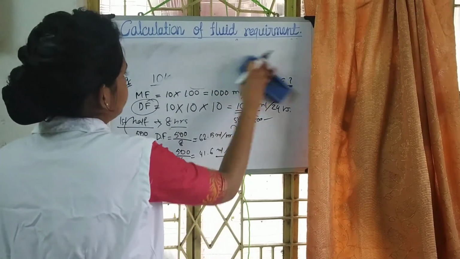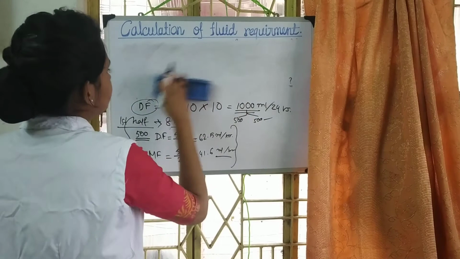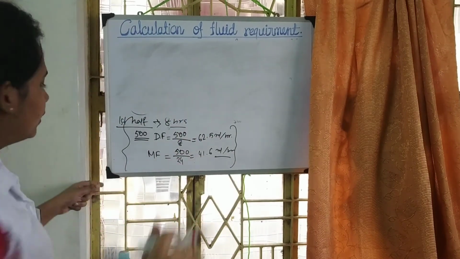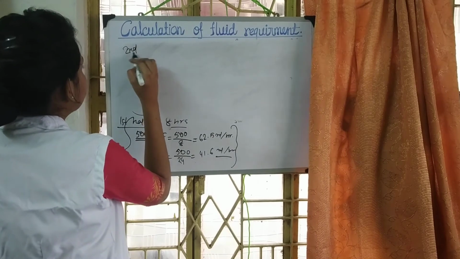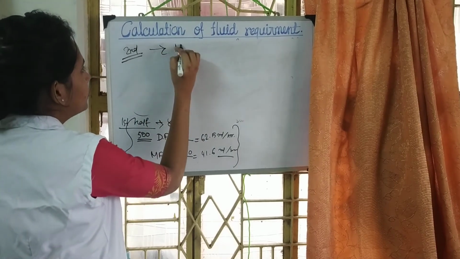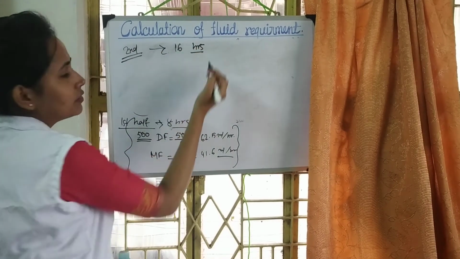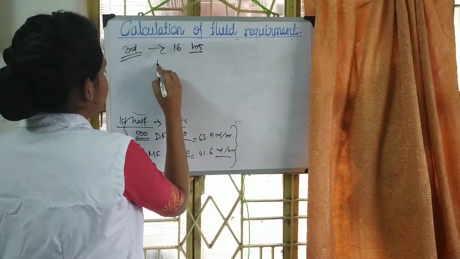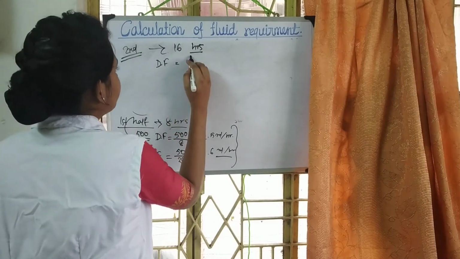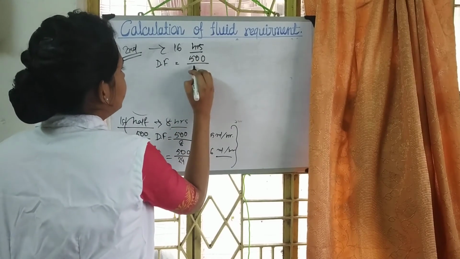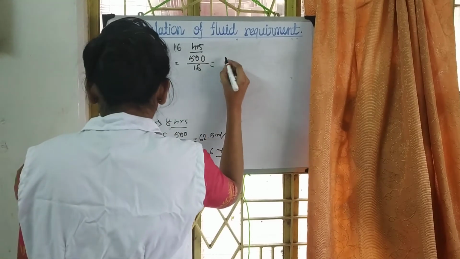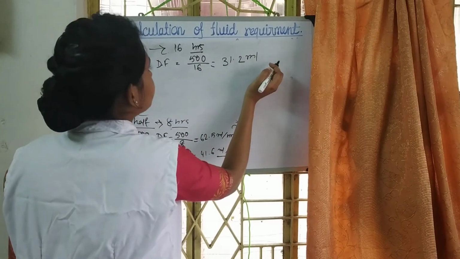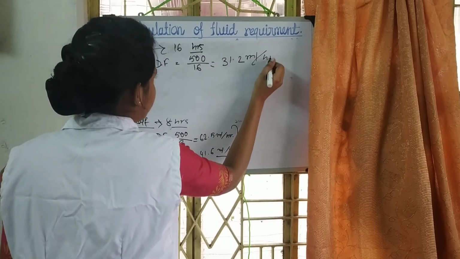Now for the second half, 500, so the deficit volume is equal to 500 by 16, which is equal to 31.2 ml per hour.